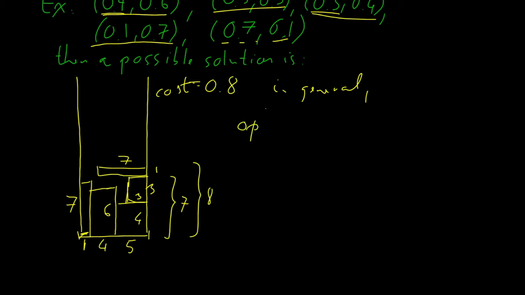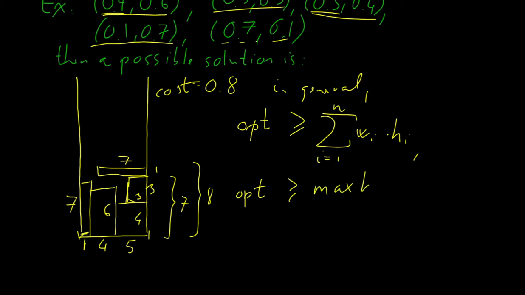So the optimum solution is at least the sum of the areas of these rectangles, which is of course w_i times h_i, from 1 till n. And of course the optimum is again lower bounded by the maximum height, since we had a rectangle of height 0.7, this makes the optimum to be at least 0.7, because you have to pack that rectangle as well.